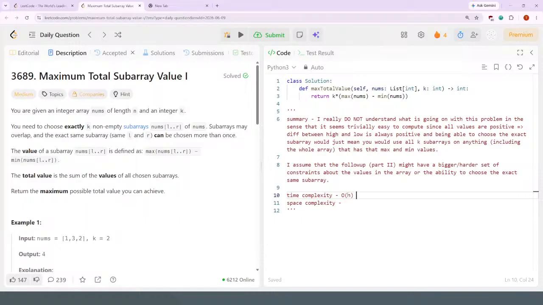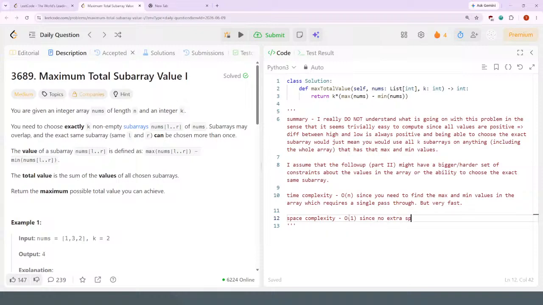Yeah, that's sad that I had to think about that, since you need to find the max and min values in the array, which requires a single pass through, but very fast, obviously. Space complexity is going to be O of 1, since no extra space is needed. Okay.